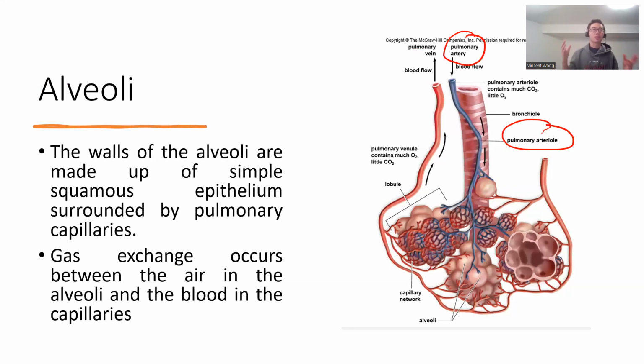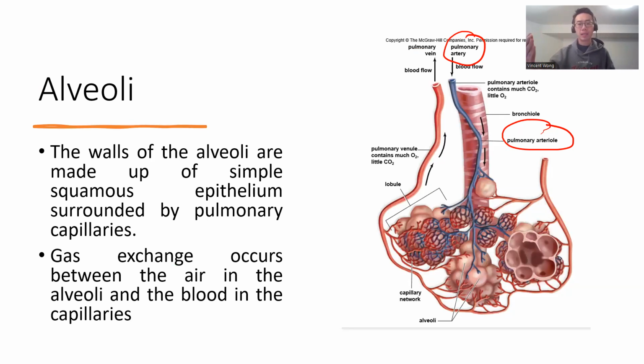The best way to think about this is those styrofoam nets that sometimes come with your fruits, right? When you buy fruit at the supermarket, there's a net that goes around them. So the net is like the capillaries that surround the alveoli. And gas exchange happens using simple diffusion.